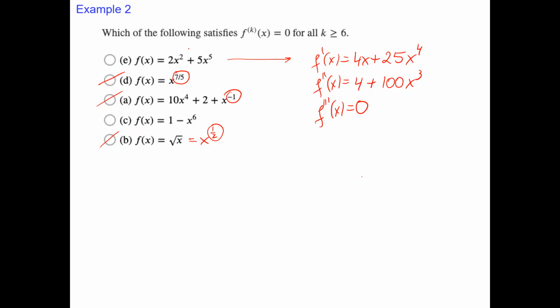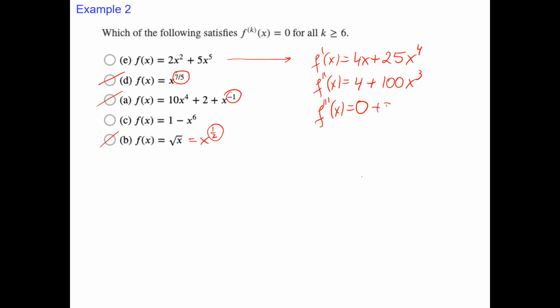If this is quadratic, the second degree, we need the third derivative to get 0. Yeah, because the second derivative will be constant. For the x to the power of 5, we will need the 6th derivative to be 0. Correct? We always need one number more.